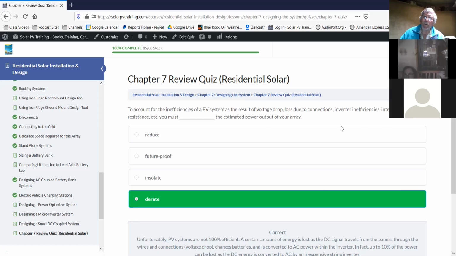So you'll often find that you'll really only have maybe 3% on the inverter, 2% on your voltage drop, throw in another 1 or 2% for connections, switches, things of that nature. So you're going to find that you're derating somewhere in the neighborhood of 7-8%. If you really want to be conservative, you could derate 10% for a grid-tied system.